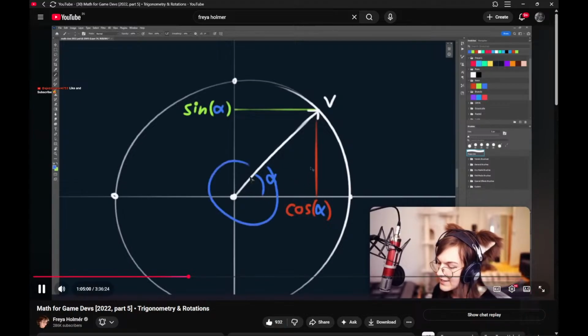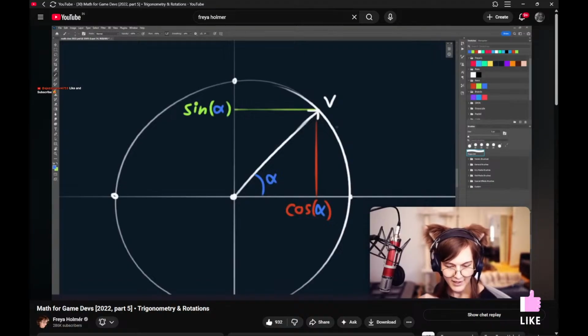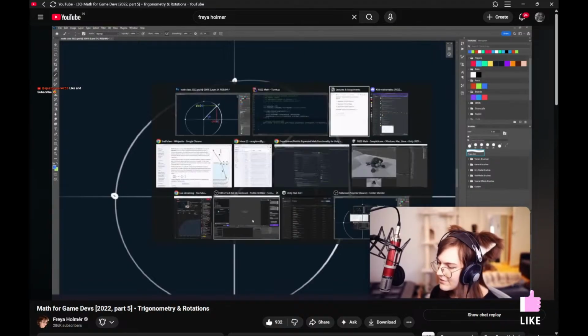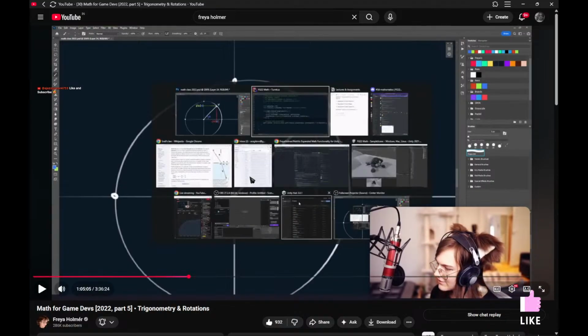So that's why they have this repeating nature. The sine actually varies from -1 to 1.